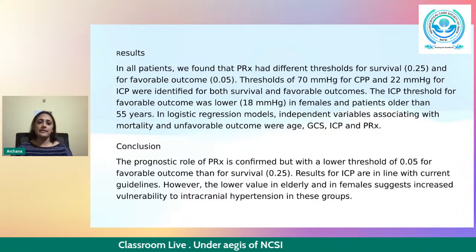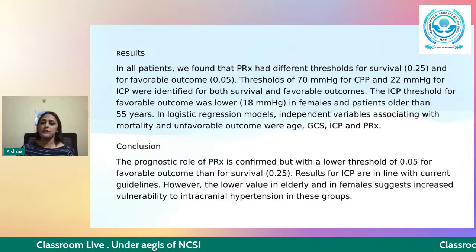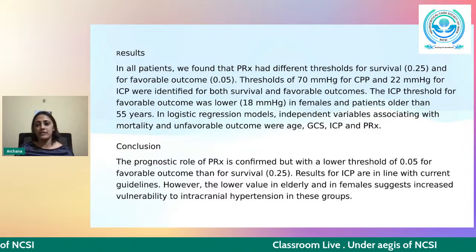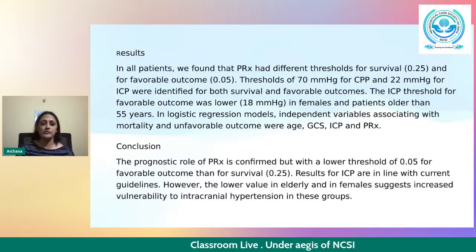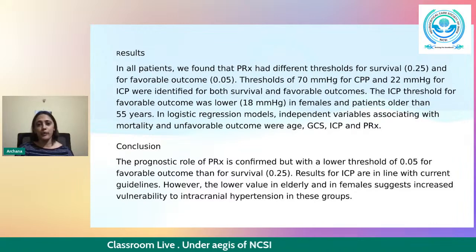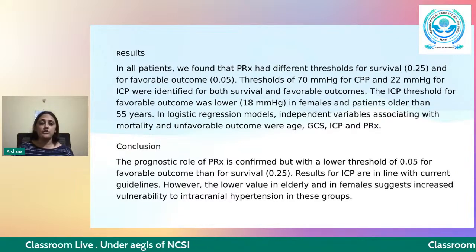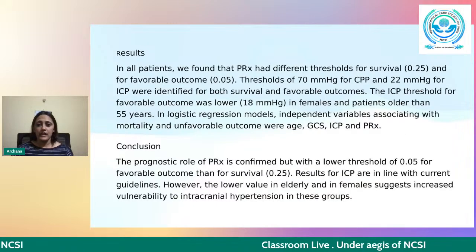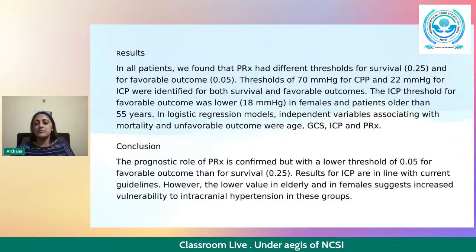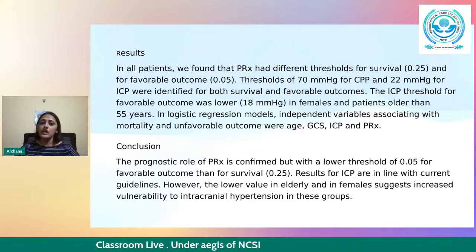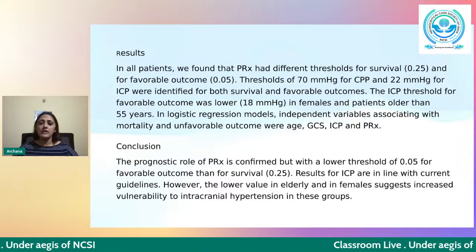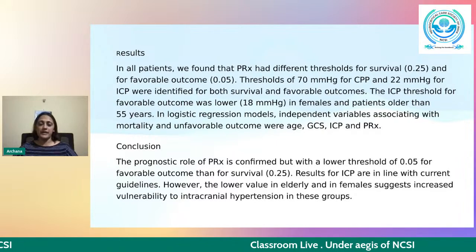Here, it was seen that in all patients, they found that the pressure reactive index had different thresholds for survival, that is 0.25, and for favorable outcome, that is the value of 0.05. And the threshold of 70 mmHg for cerebral perfusion pressure and 22 mmHg for ICP were identified for both survival and favorable outcome, which was included in the Brain Trauma Foundation guidelines.